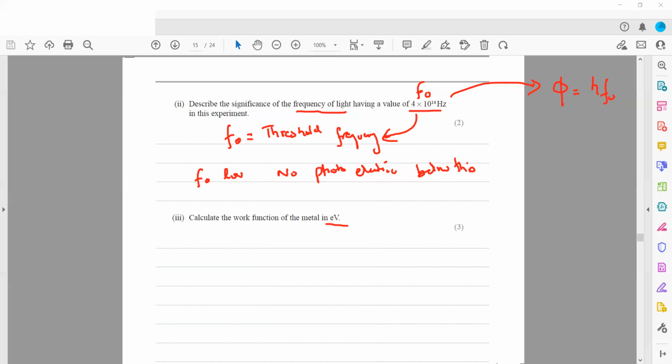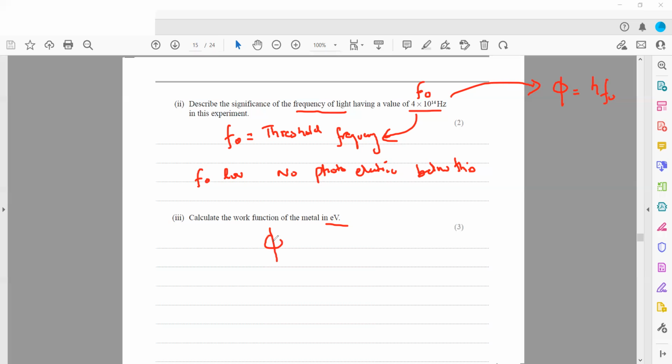The formula we use: the work function is equal to h f. Using the frequency, we work out the work function, the minimum possible energy needed to remove an electron.